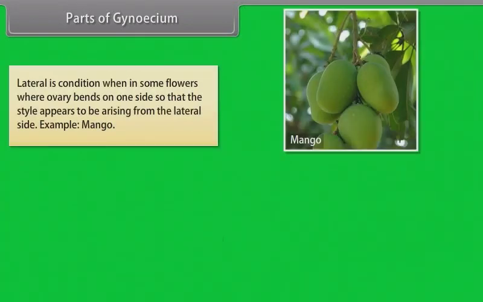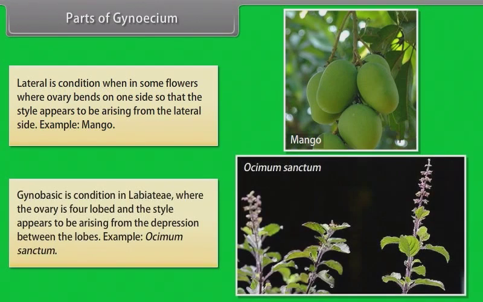Lateral is the condition in some flowers where the ovary bends on one side so that the style appears to be arising from the lateral side. Example: mango. Gynobasic is the condition in Labiatae where the ovary is 4-lobed and the style appears to be arising from the depression between the lobes.